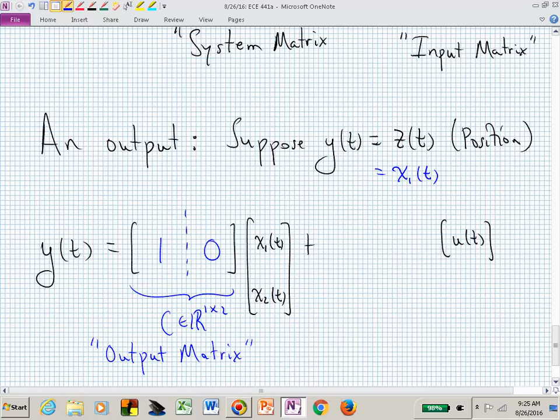And now I have, in the description, my D matrix, that I'll call the direct feed-through matrix, that directly feeds the input to our output. What are its dimensions? What are the dimensions of that in this example? It's 1 by 1. It needs to give me one row, and it needs to multiply a one row input vector.